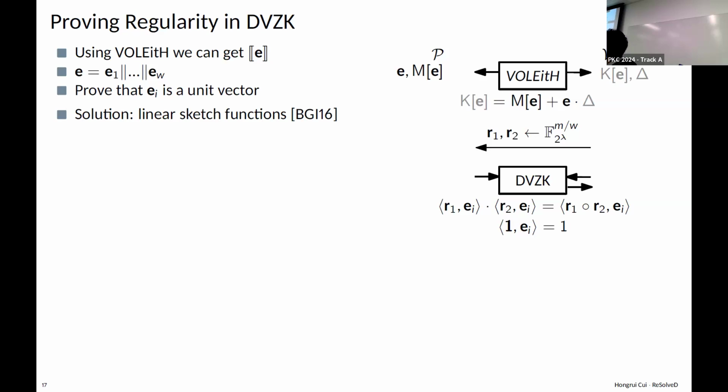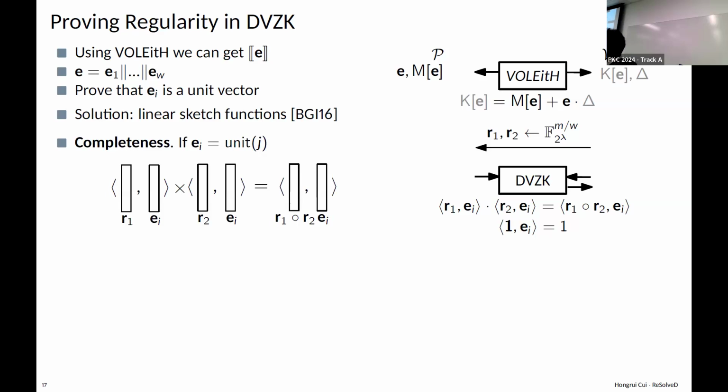Here, angled bracket denotes vector inner product, and the circle denotes vector component-wise multiplication. Since the R vectors are public, the first constraint is a quadratic constraint on the E values, and it can be done using previously mentioned methods. The second one can be done using the linear homomorphism of MACs and MAC opening.